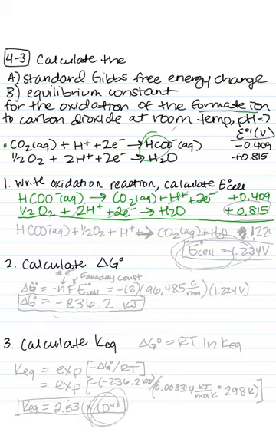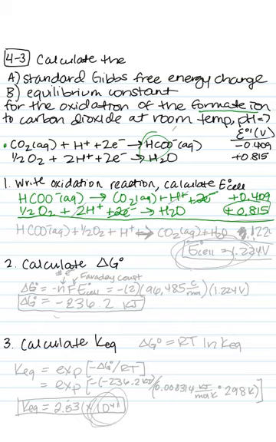We always need to make sure that the same number of electrons are transferred from one side to the other. But do notice that these midpoint potentials are intensive quantities. So you may multiply the entire equation by a coefficient so that the reaction is balanced, but you won't do this to the midpoint potential.